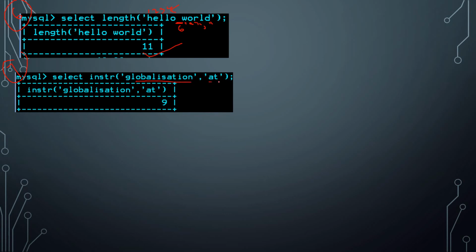I want to check whether AT is present in this, and if it is present, then at which index. You can see that in globalization, AT is present. You have to count from 1: 1, 2, 3, 4, 5, 6, 7, 8 and at 9. So we get the index 9.